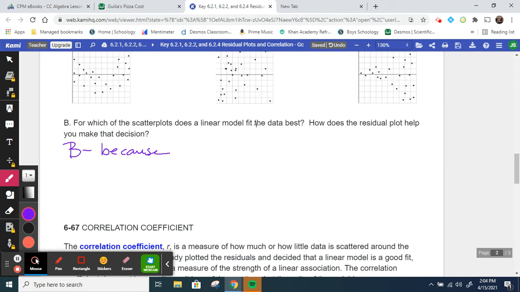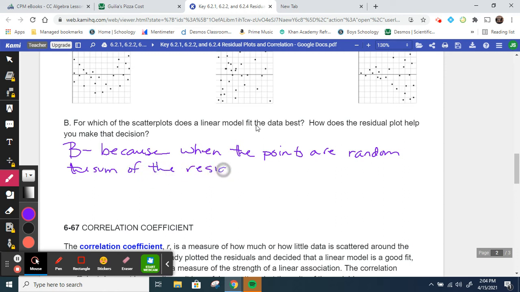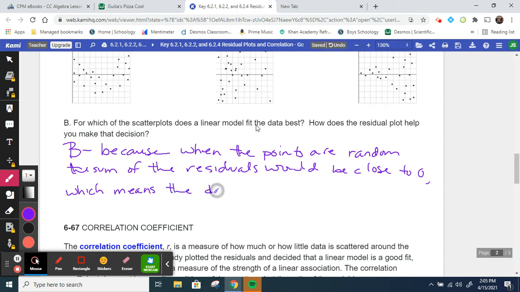Okay, so because when the points are random, the sum of the residuals would be close to 0, which means the data is close to a line.